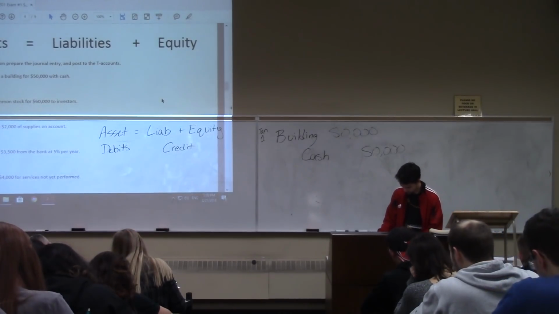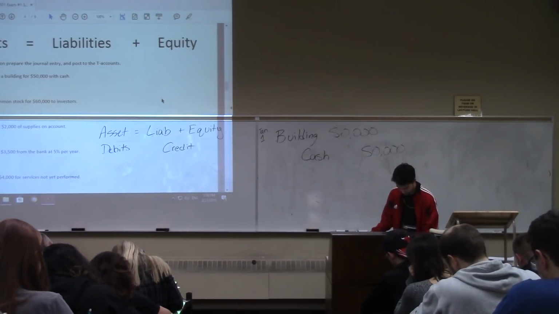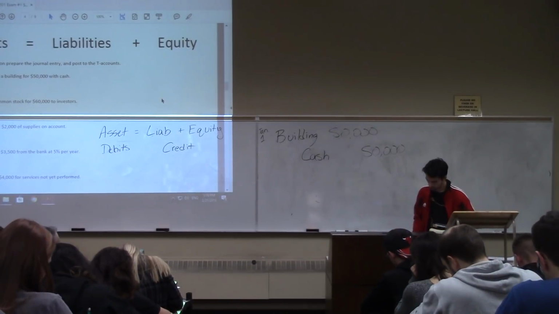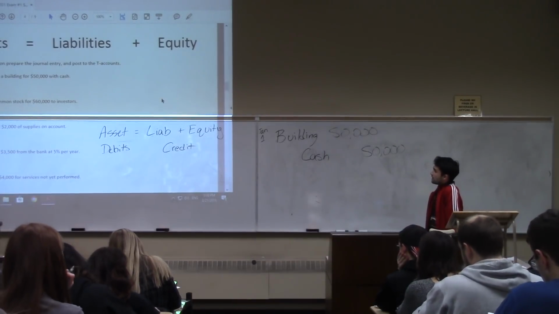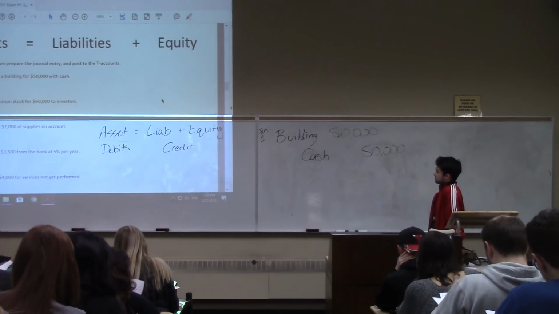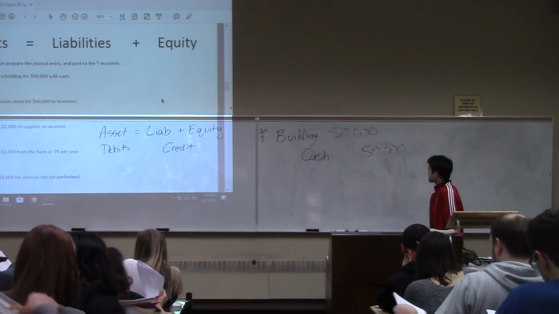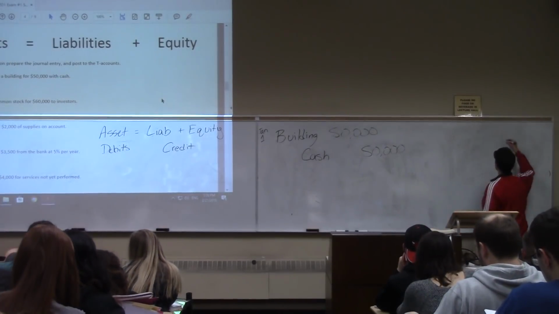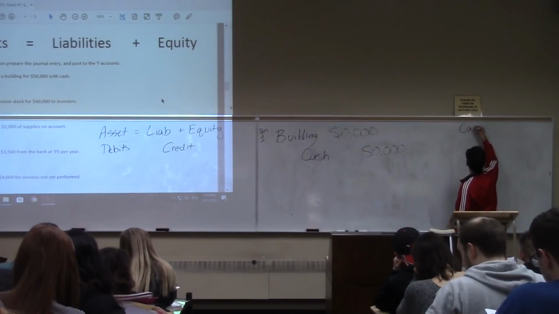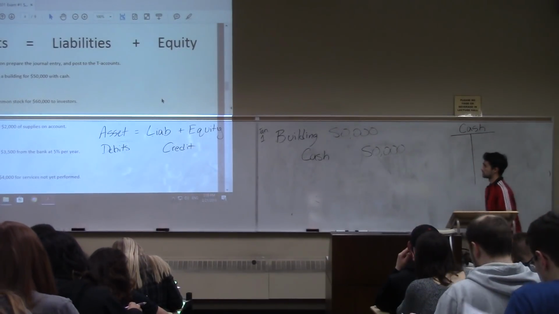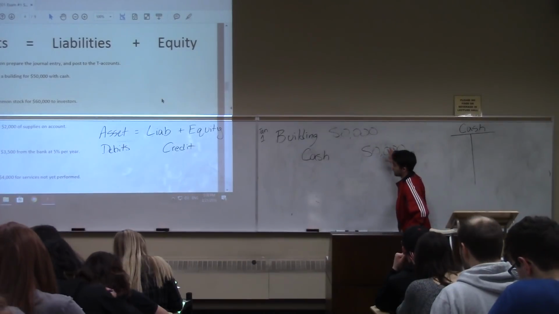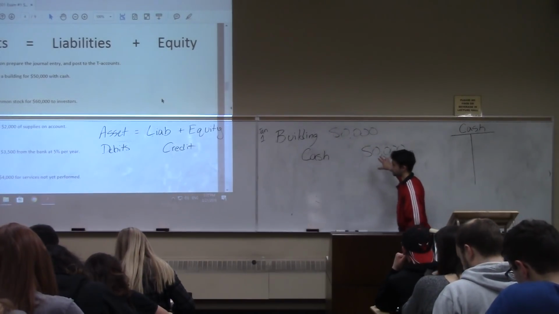So if you guys flip to page 6, we've got all these T accounts that we're going to post to as well. So lots of flipping back and forth, unfortunately. So here's one step in the accounting cycle. We prepare the journal entry.